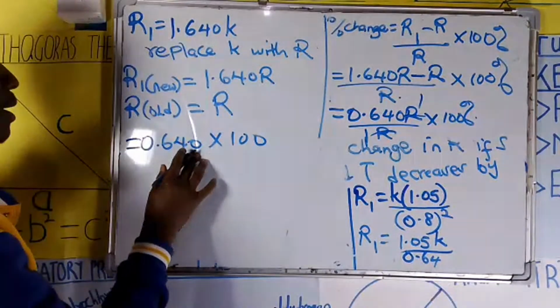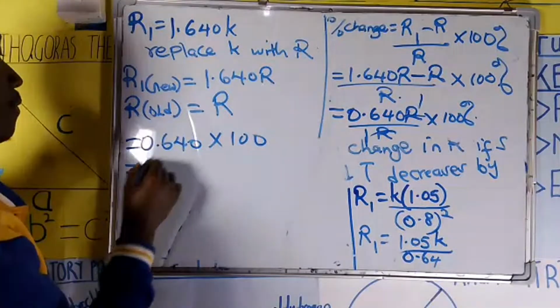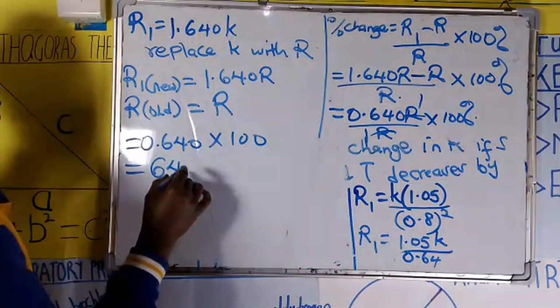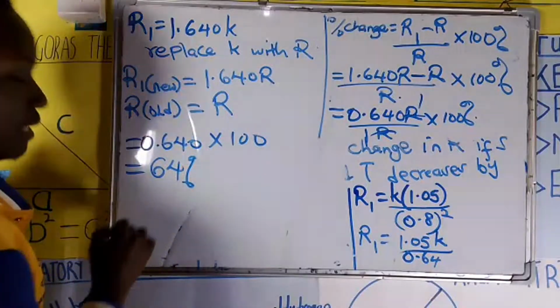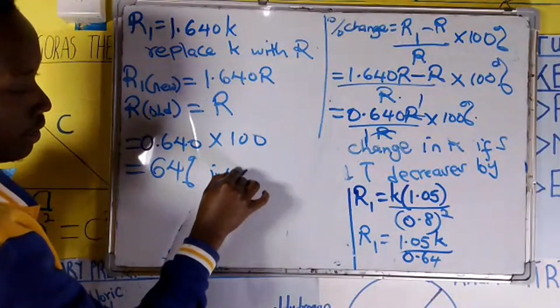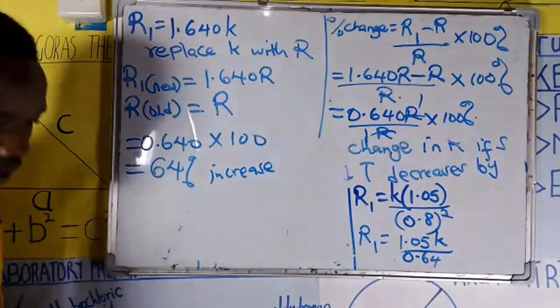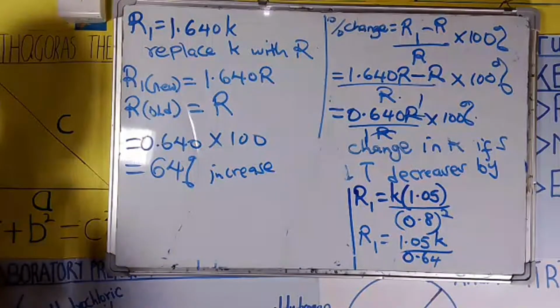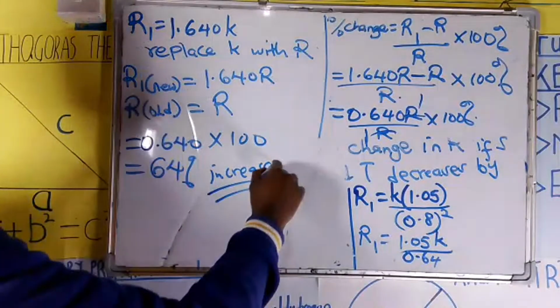It is going to be equal to, if you multiply by 100, 64% increase. I don't know whether you had the decimal places. 1.64. Yeah, it will be 64% increase.